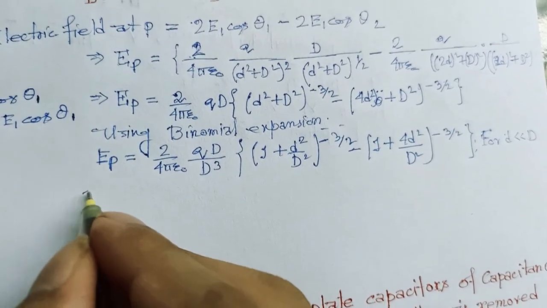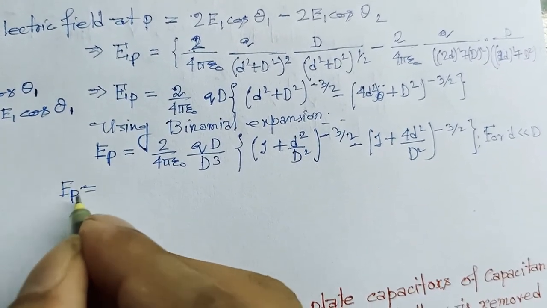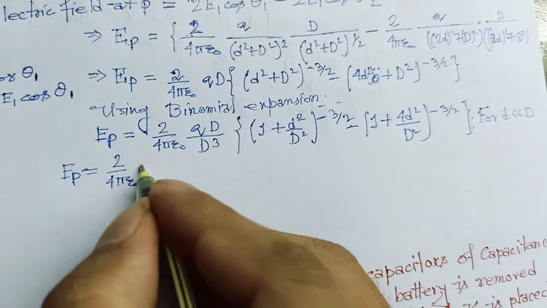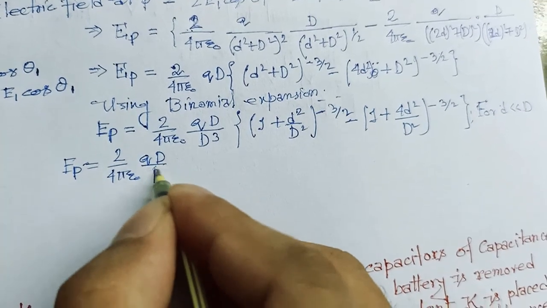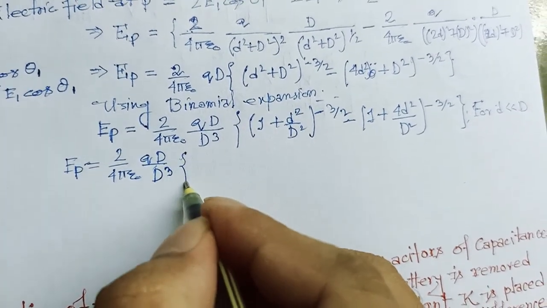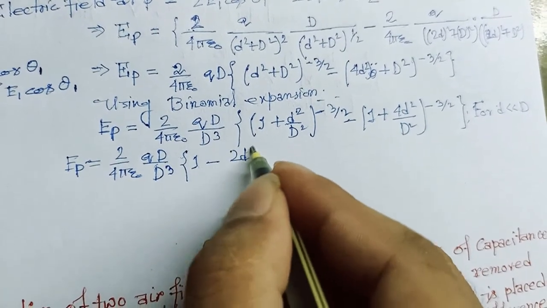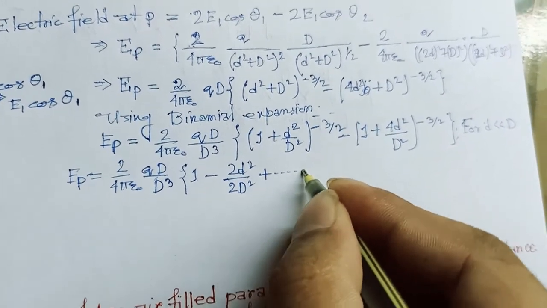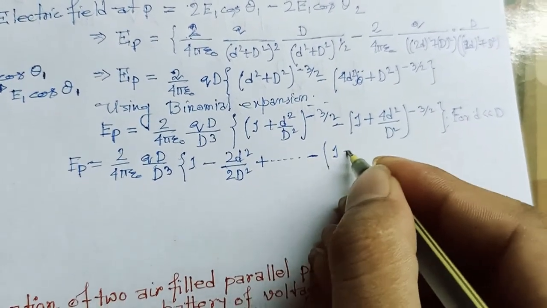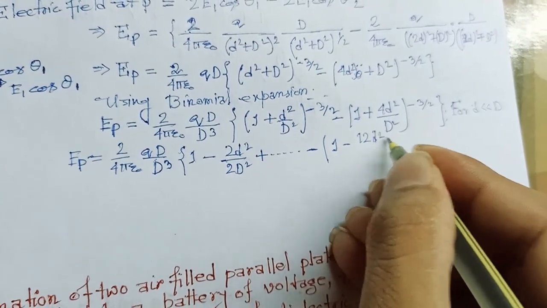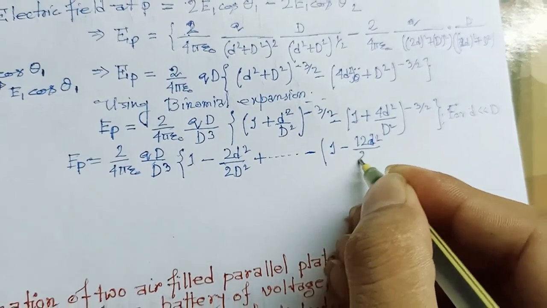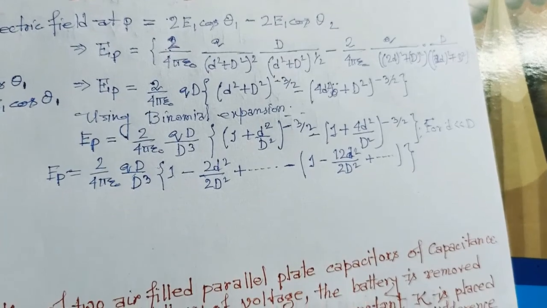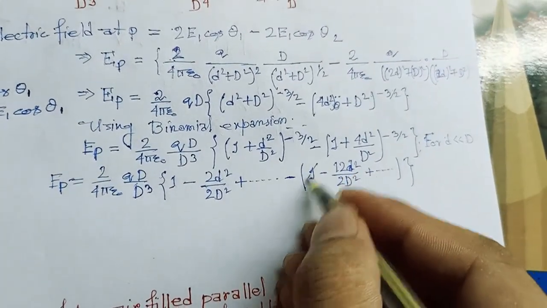Therefore we can write the expression E_P will be equal to 2 divided by 4 pi epsilon naught into Q d divided by capital D cube into (1 minus 3 d square divided by 2 capital D square plus higher terms) minus (1 minus 12 d square divided by 2 capital D square plus higher terms). So neglecting the higher terms or very small quantities, now we can cancel this 1 and 1.